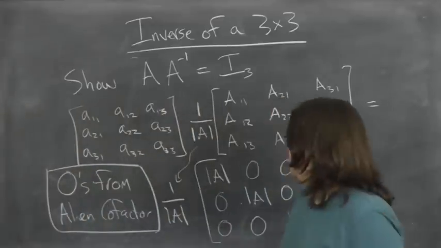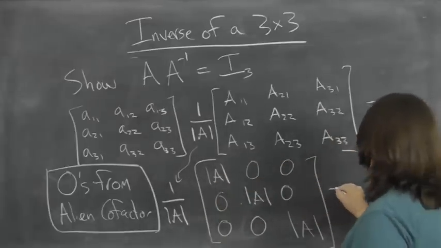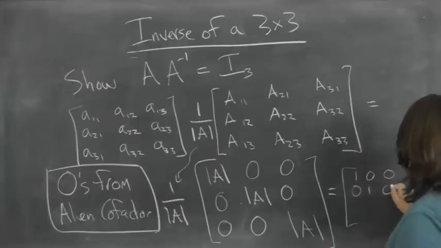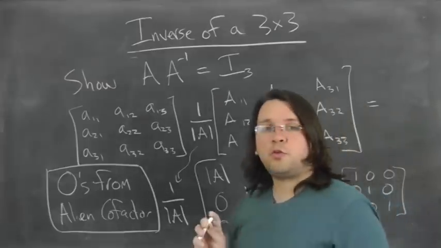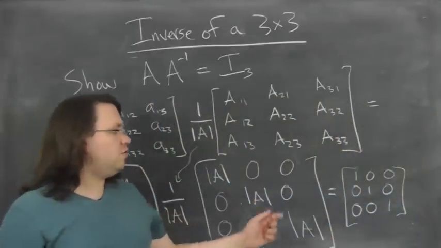And now what we have is 1 over the determinant, and then this matrix which is the 3 by 3 identity matrix once you cancel everything out.